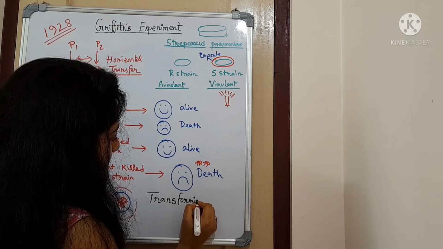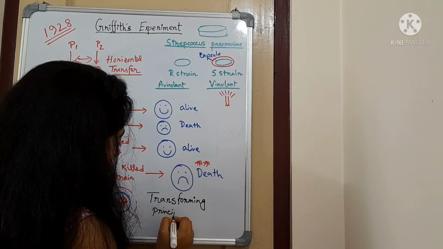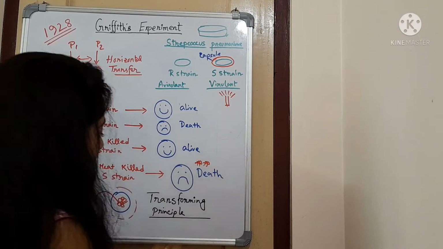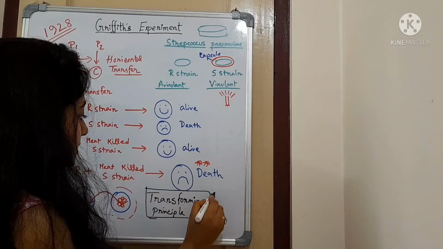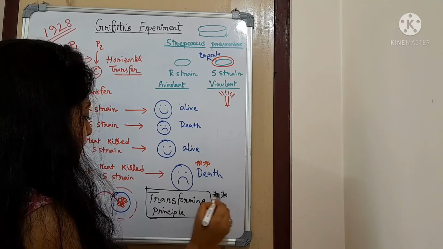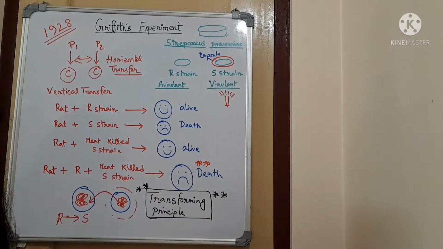It is only said to be a transforming principle. So Griffith said that there are some transforming principles which were transforming the avirulent strain to the virulent strain.